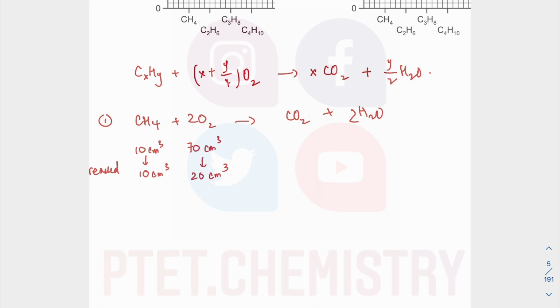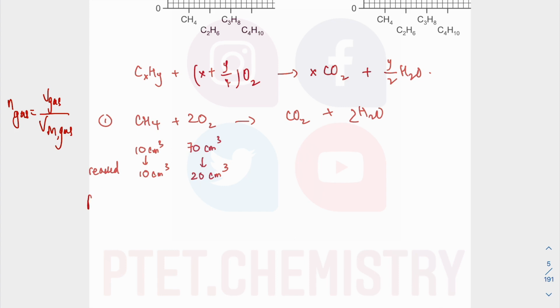Because these are all gases, their volume ratio is related to the mole ratio, because the mole of a gas is equal to volume of a gas divided by molar volume of a gas. Since the molar volume is constant for all gases under the same condition, the mole ratio of the gas is the same as the volume ratio. I'm talking about reacted: 1 mole is to 2 mole, so 10 cm cube is to 20 cm cube.